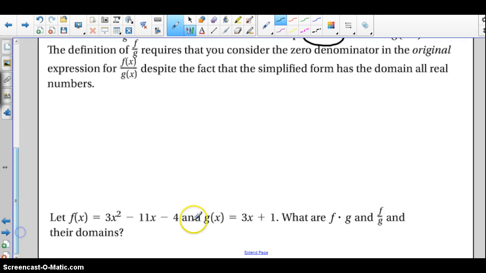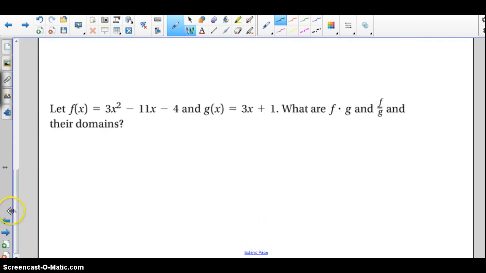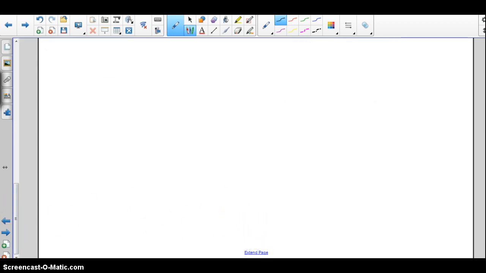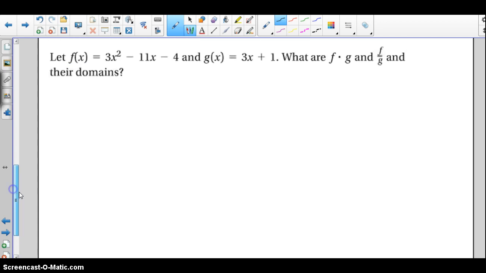Let's take a look at a couple more examples. Let's pull that back. There we go. Let's go ahead and multiply these two together. We're going to have 3x squared minus 11x minus 4 times 3x plus 1.